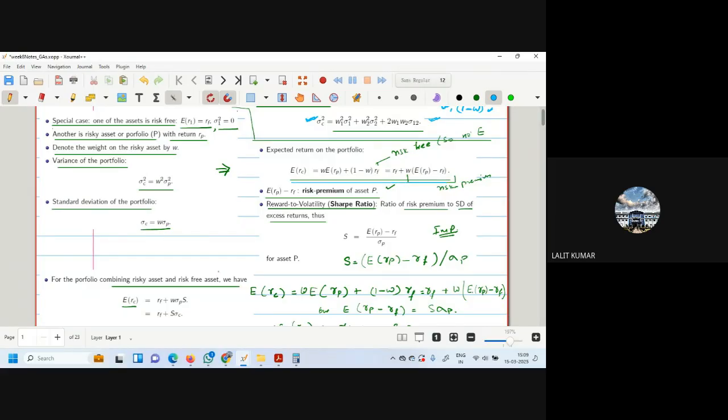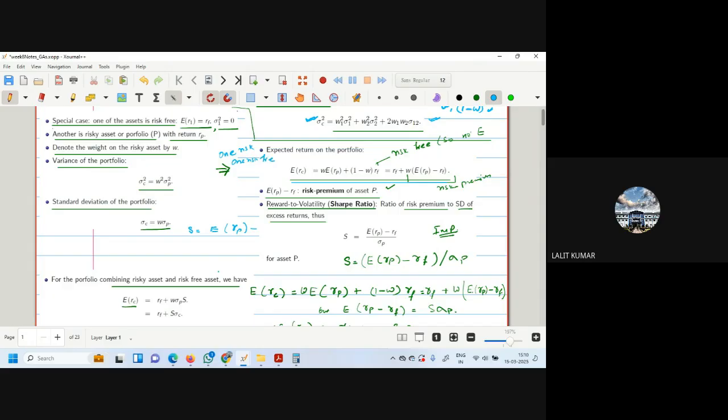Now one new term has been introduced, which is the Sharpe ratio, defined as ERP minus RF divided by sigma P. This is the case where we have one risky and one risk-free asset.